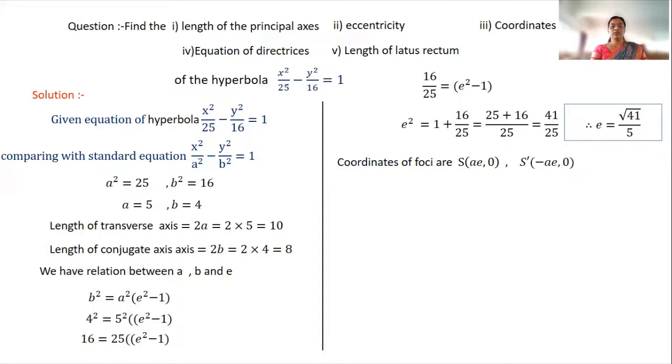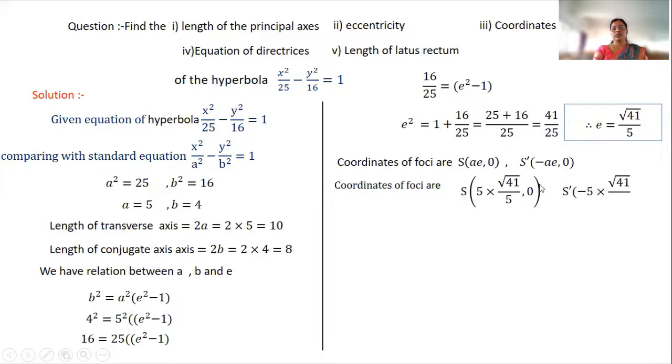Now, we have the value of e, that is eccentricity, as root 41 upon 5. Therefore, the coordinates of the foci are S (root 41, 0) and S dash (minus root 41, 0).